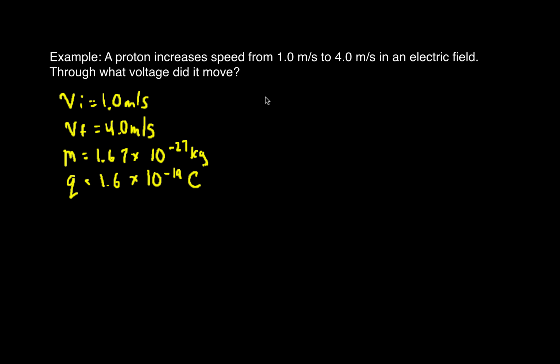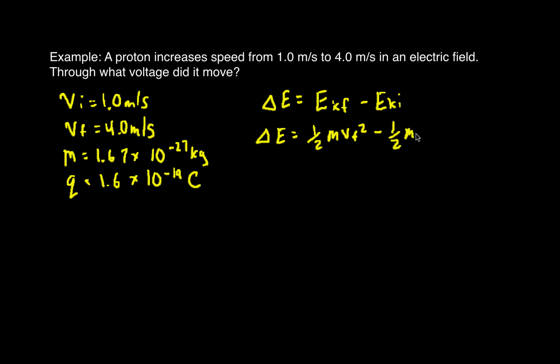So we're going to start by calculating the change in energy. The change in energy will be given by the final kinetic energy minus the initial kinetic energy. So this is 1/2 m vf squared minus 1/2 m vi squared.